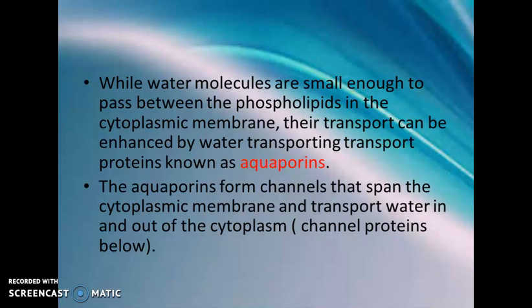The small water molecules pass between the phospholipid bilayer of the cytoplasmic membrane, and their transport can be easily enhanced by a special type of transport proteins known as aquaporins. Those aquaporins form a channel that spans the cytoplasmic membrane and transports water in and out of the cytoplasm. So they are called channel proteins.